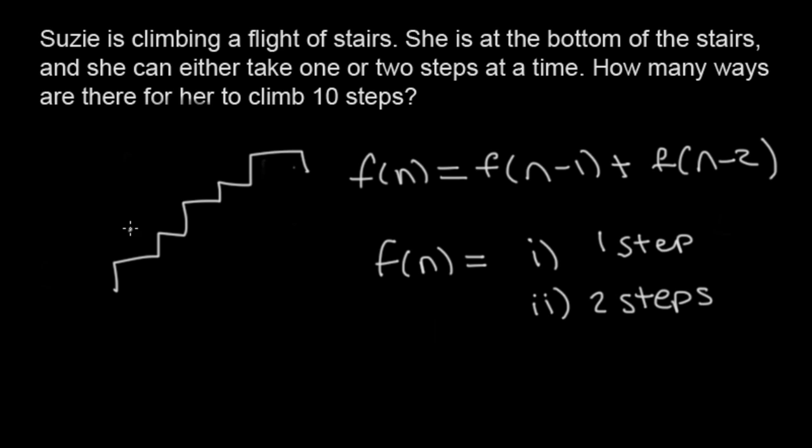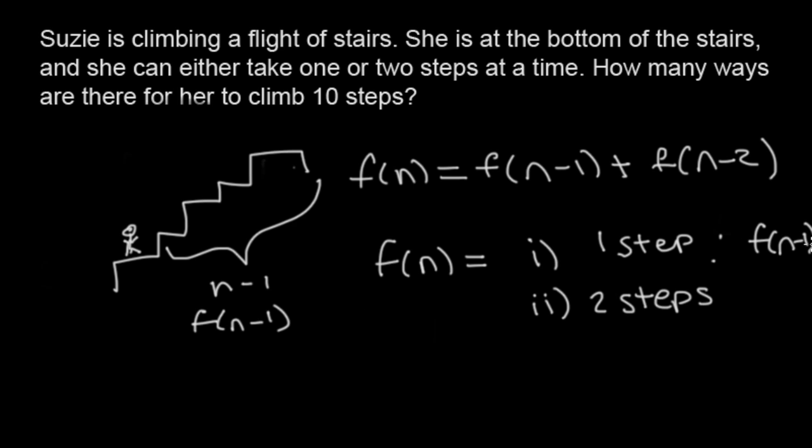She's right here. So now she took 1 step. Now, how many ways she can climb the remaining flight of stairs, which is n minus 1, is just Fn minus 1. So we can conclude that if you take 1 step first, there are Fn minus 1 ways.